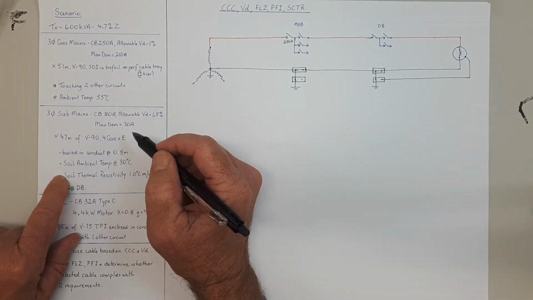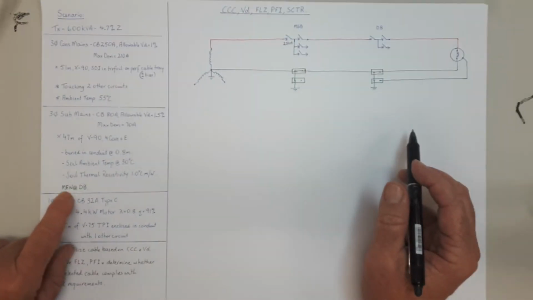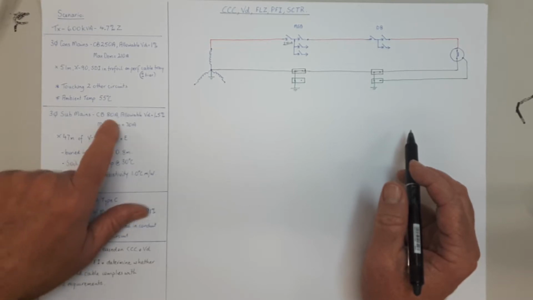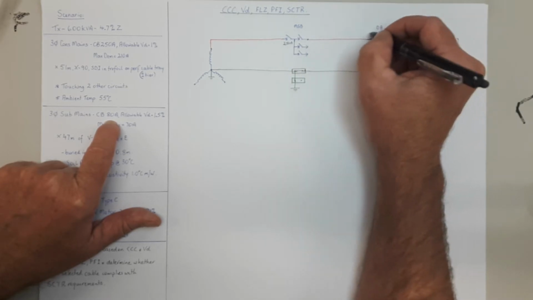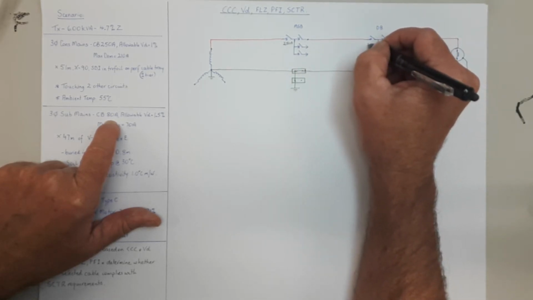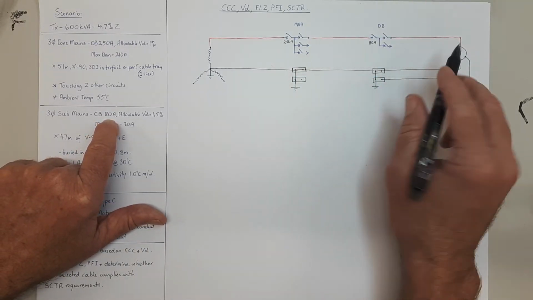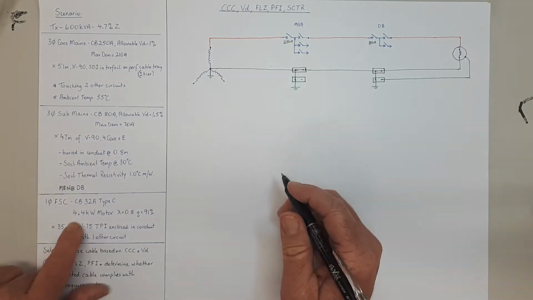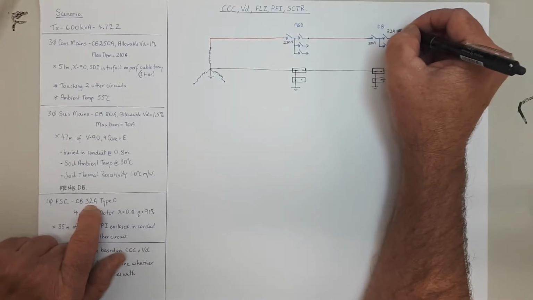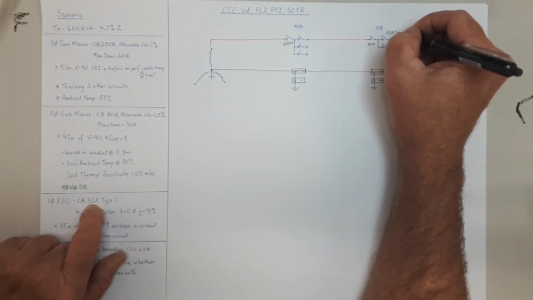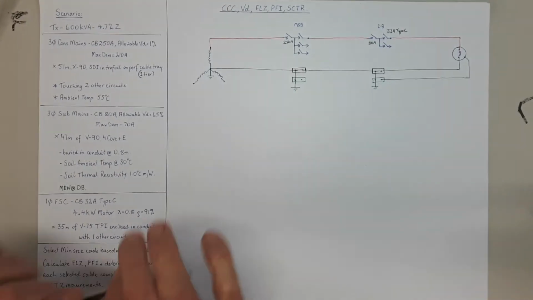The circuit breaker for the DB is 80 amps, so I'll write it down here so we don't get too congested up here. And of course the final sub-circuit has a 32 amp type C. I didn't mention the type of the others because it's not really relevant. And so we've laid it out there.